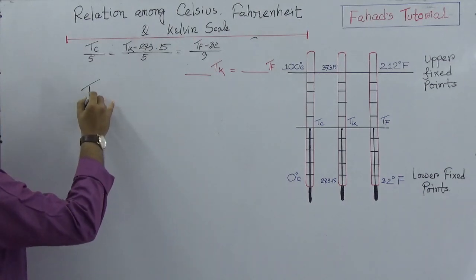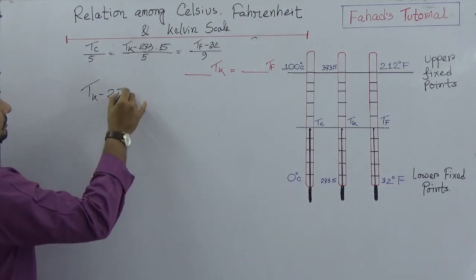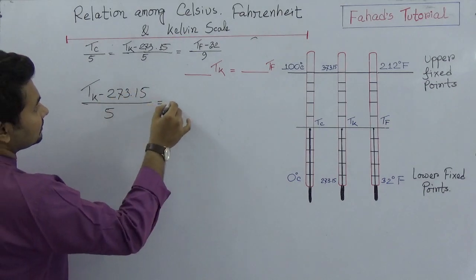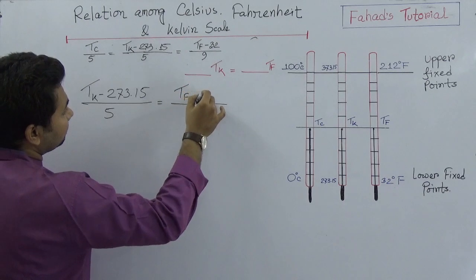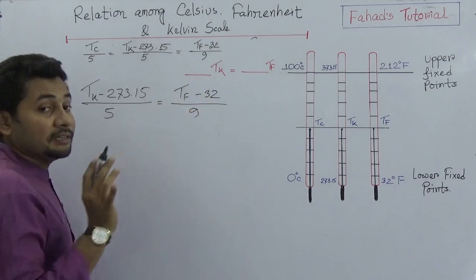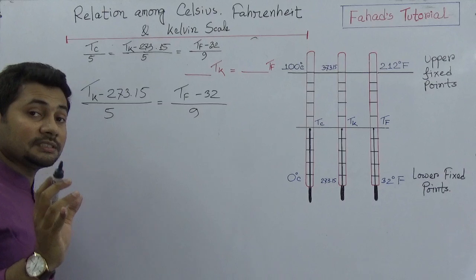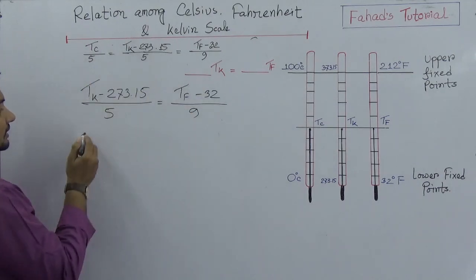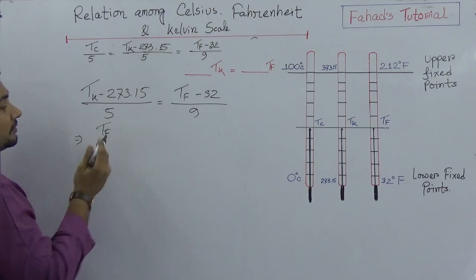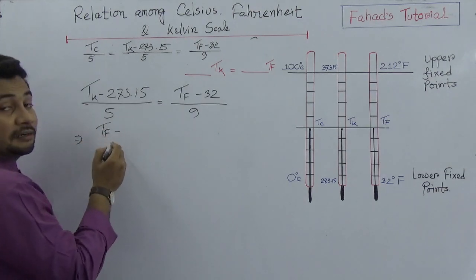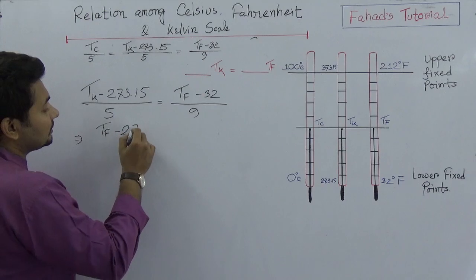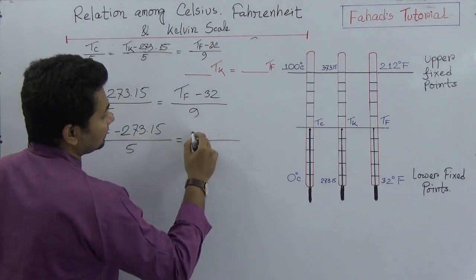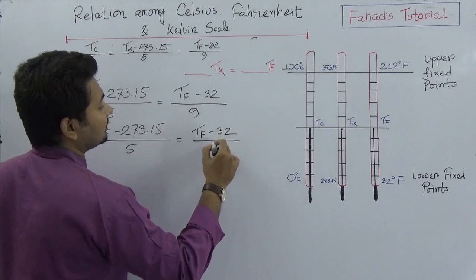So (Tk minus 273.15) divided by 5 is equal to (Tf minus 32) by 9 is my equation. And right now the question is at which temperature both will be the same. So I can take this Tk as my Tf, the temperature in Fahrenheit, so (Tf minus 273.15) over 5 equals (Tf minus 32) by 9.